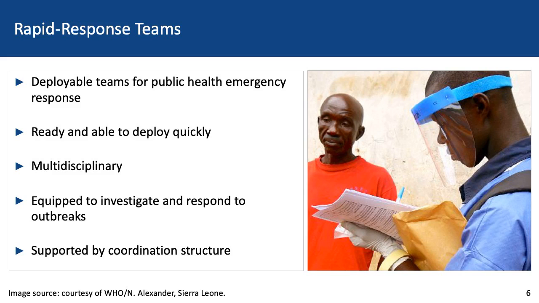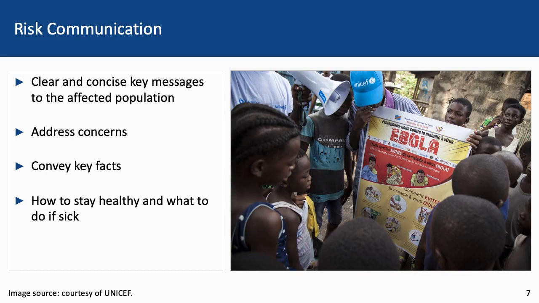Core to their function is being equipped to investigate and respond to outbreaks. Importantly, they should be supported by a coordination structure that can mobilize them effectively and synthesize information collected to guide further response action.